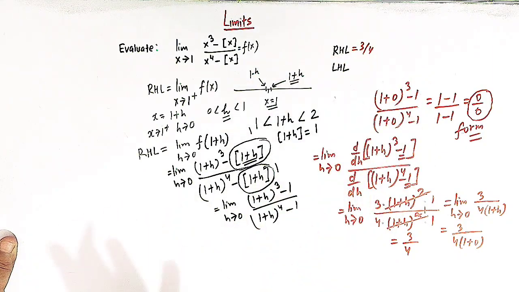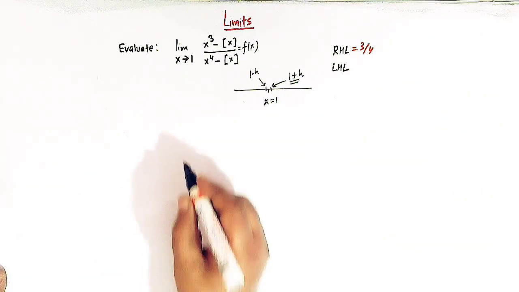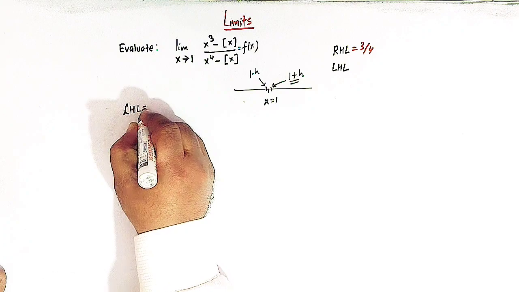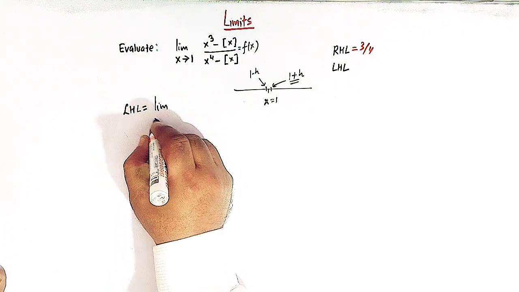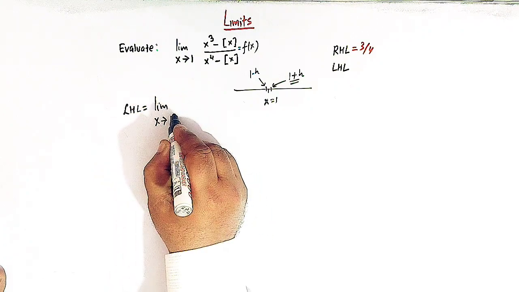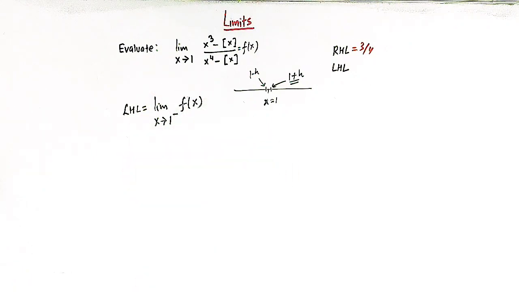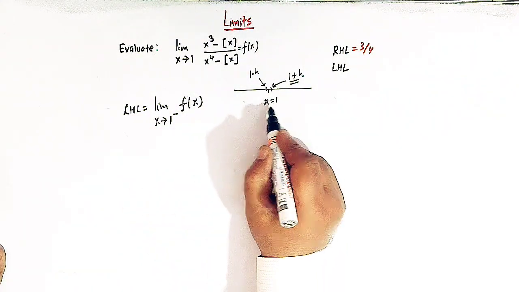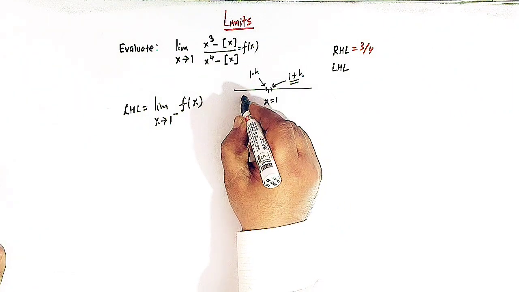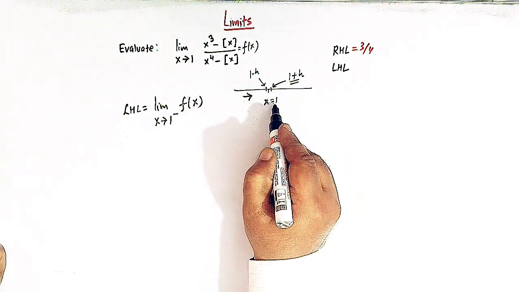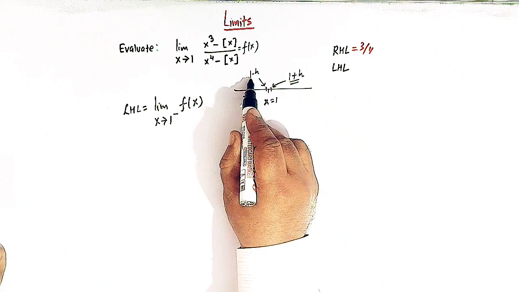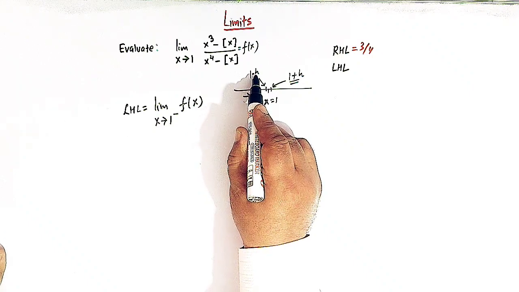So let us find out the left hand limit. The notation for the left hand limit is given by limit x tends to 1 with a negative sign, and we have f of x. So now when x approaches 1 from the left side of 1, then we come close to this point, that is 1 minus h.